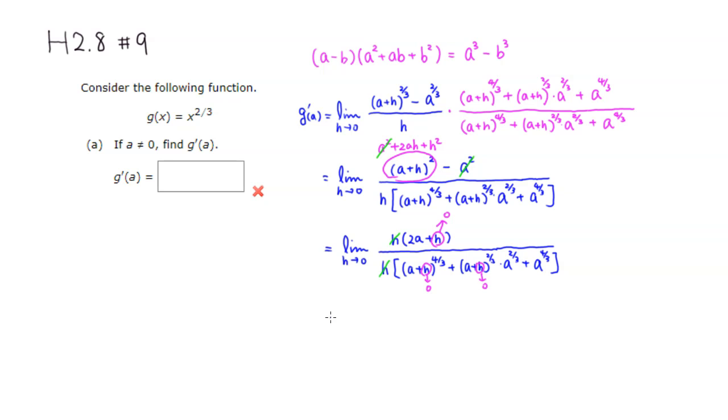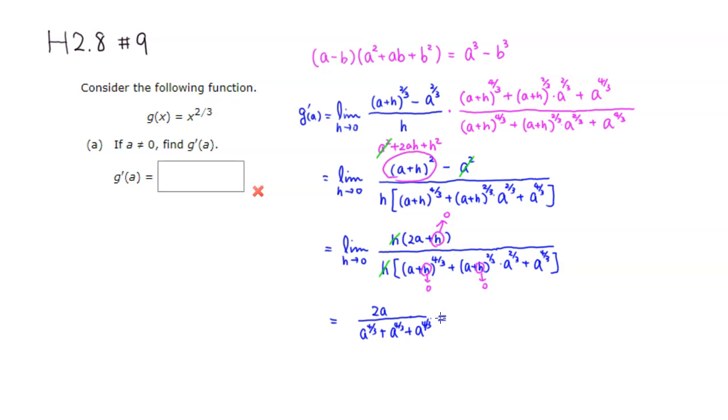What's left is 2a on top, and then on the bottom you have a to the 4/3 power plus a to the 2/3 times a to the 2/3, so another a to the 4/3 power, plus a to the 4/3 power.